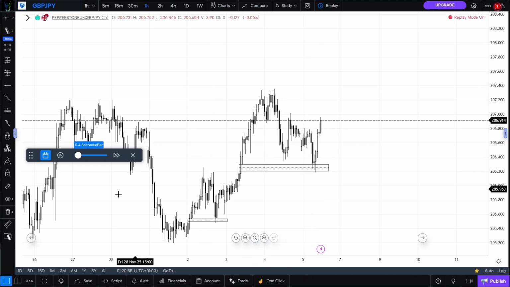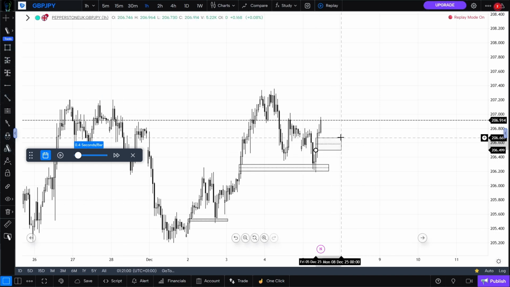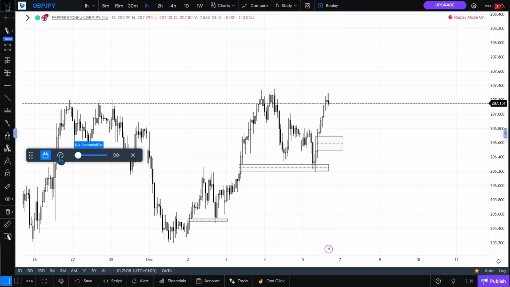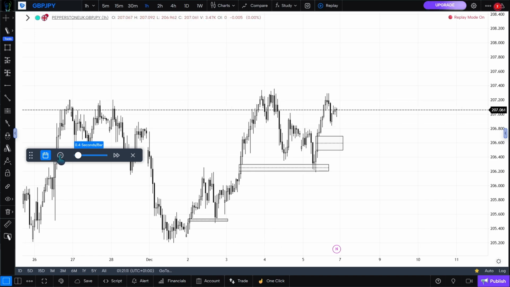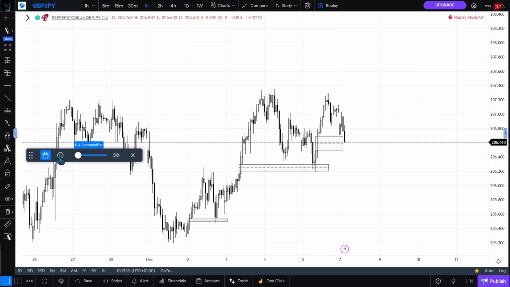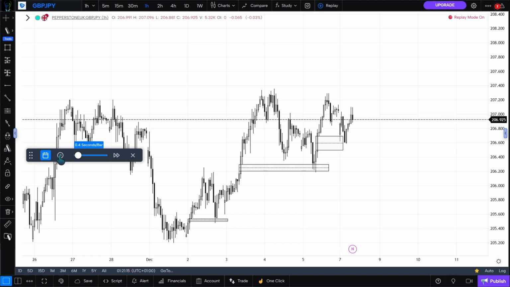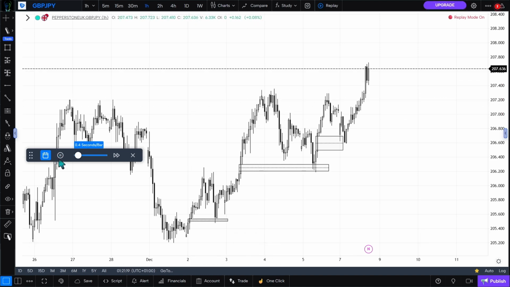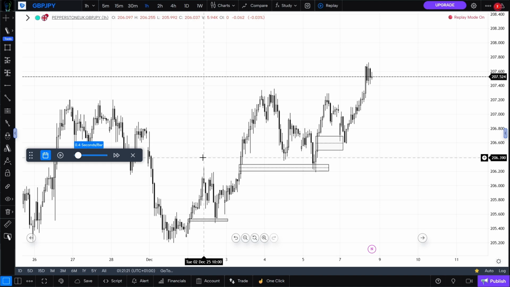And now looking at things from here, we just made another fair value gap here. Let's see if price is going to come back to it and continue to our external range liquidity. We managed to get into our internal range liquidity, and now we just cleared external range liquidity. It's as simple as that.